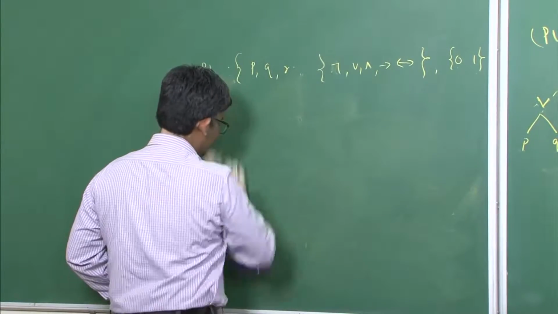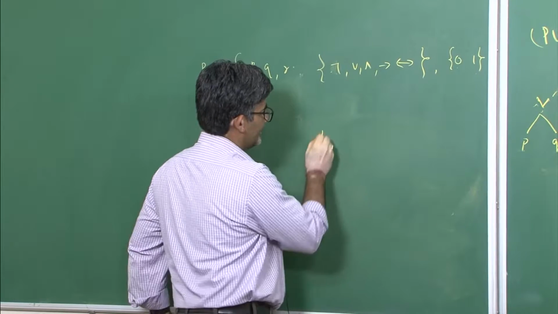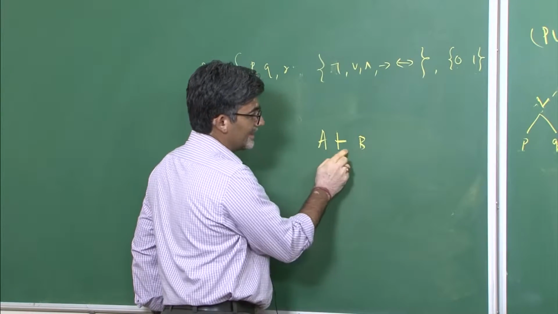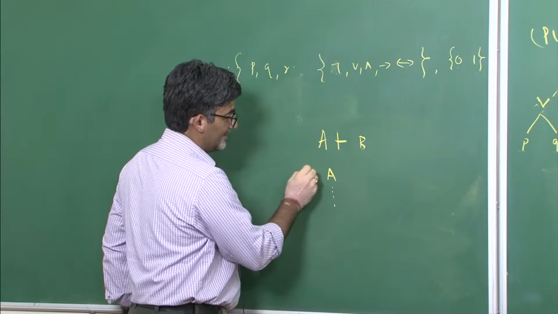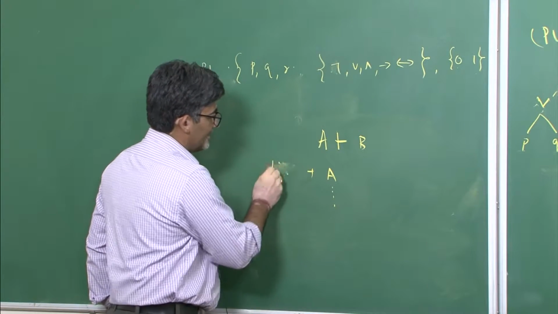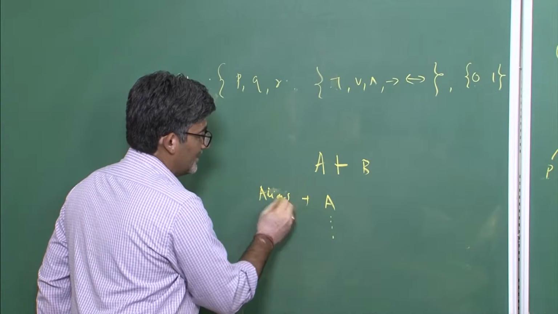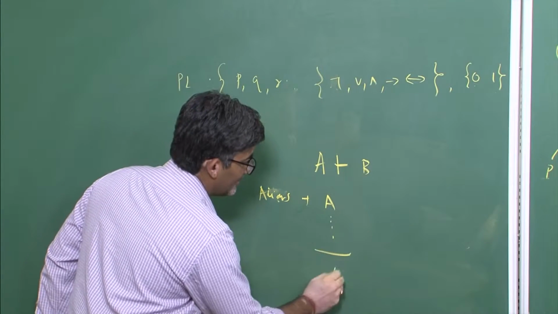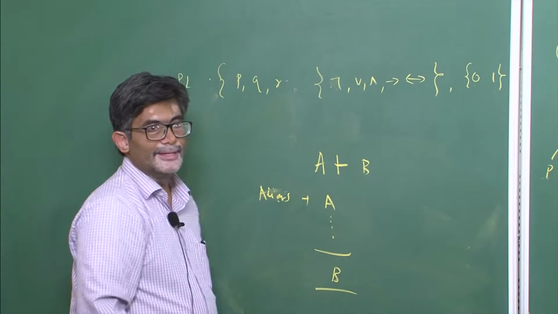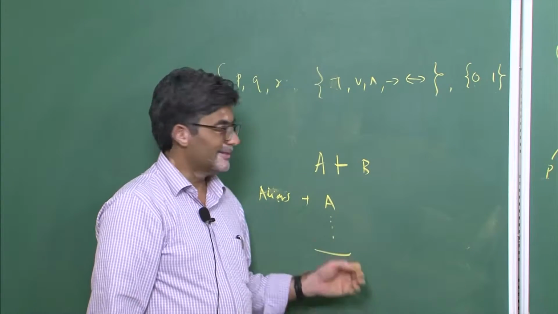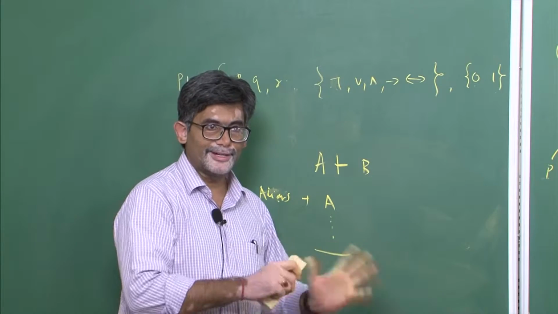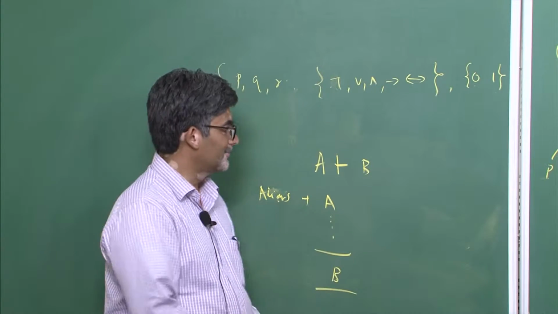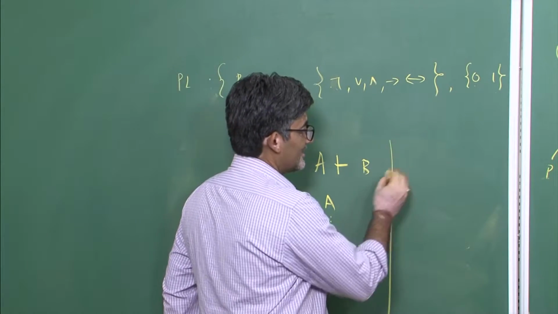In the syntax we talk about this symbol, A single turnstile B. This means from A, together with some axioms, you are deducing B. So B is deduced from A. When I write A single turnstile B, we are talking about proving something. This is what syntax is all about.